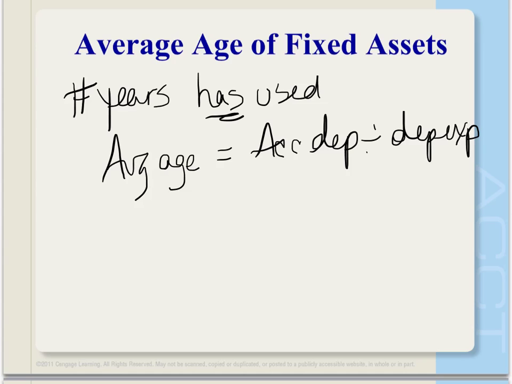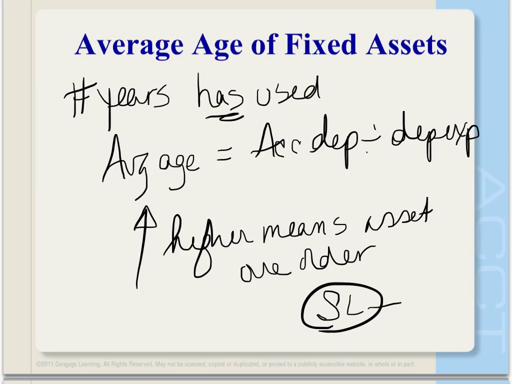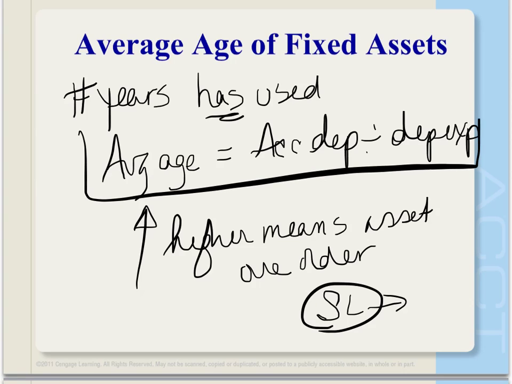A higher number means assets are older. All of these work better with what we determined the straight line depreciation is. So again, keep track of this formula as we go and work a couple of exercises.